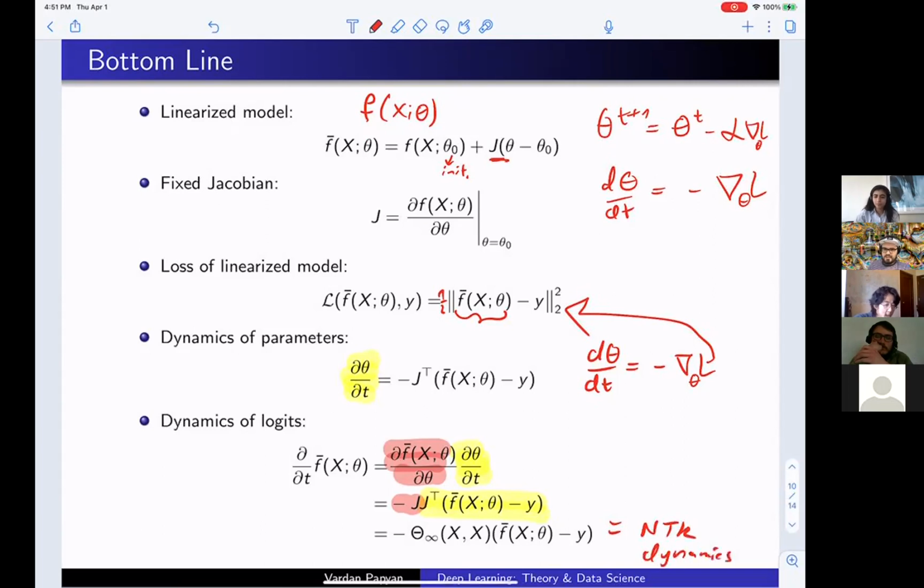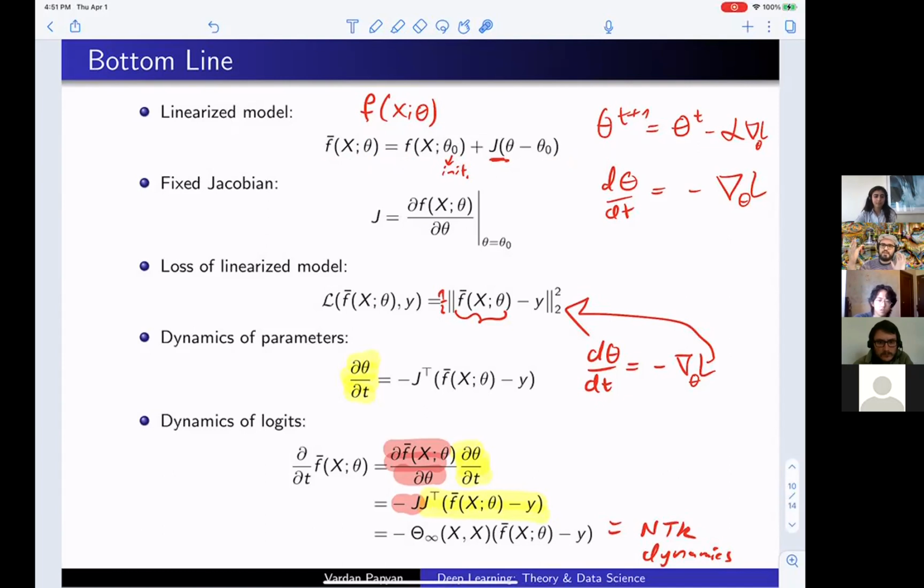So essentially the NTK is equivalent to just linearizing a nonlinear model. Does that make sense? So you see here, f bar is the linearized model. It's replacing f of x, theta with f bar of x, theta, which is just f of x, theta 0, where theta 0 is the initialization, plus the Jacobian times theta minus theta 0.